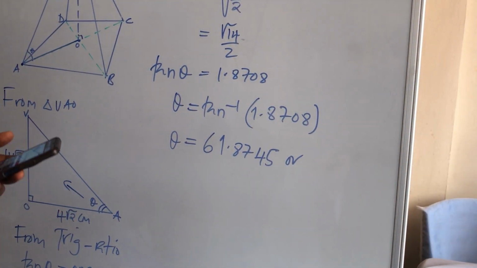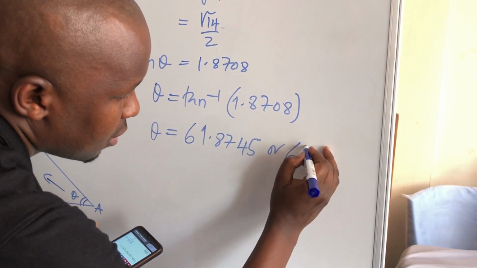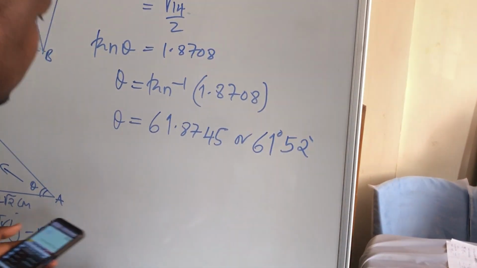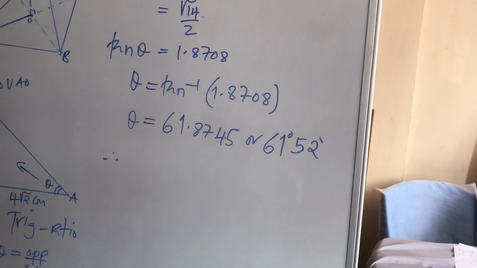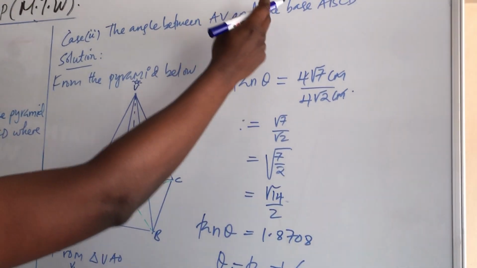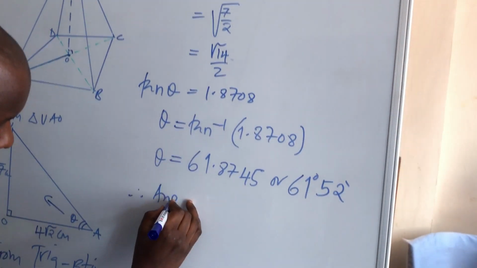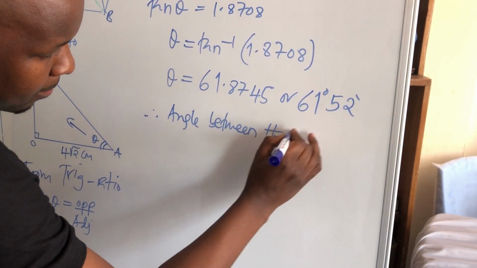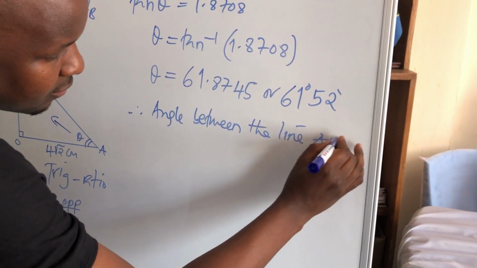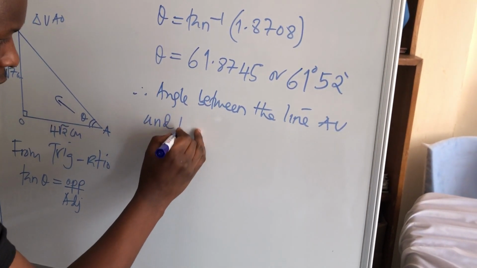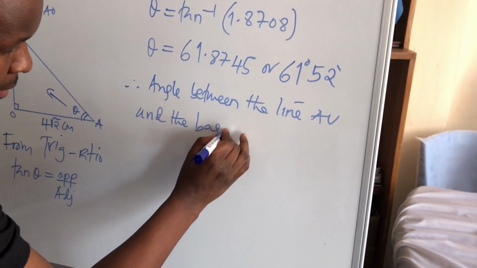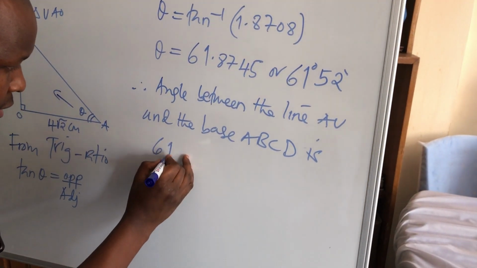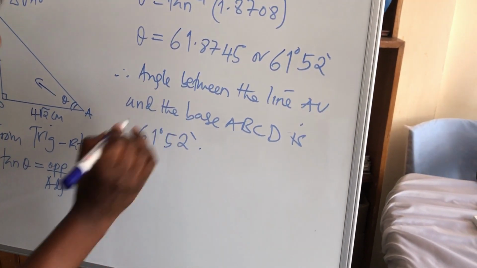When we express in degrees and minutes, it will be 61 degrees 52 minutes. Therefore, the angle between the line AV and the base ABCD is 61 degrees 52 minutes.